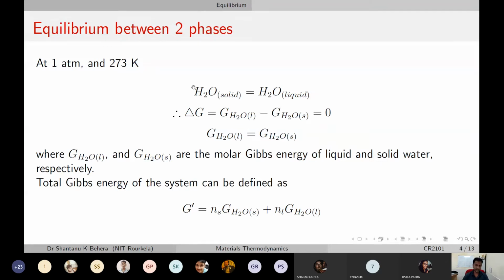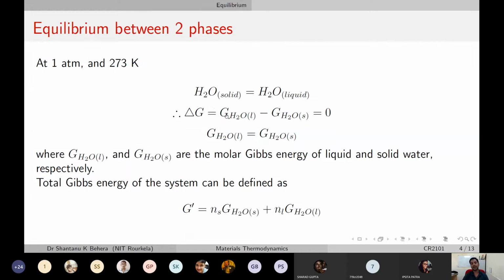Now, when they are in equilibrium, how do we express that in thermodynamics? The delta G, the change in molar free energy, is going to be 0. That is, if you're talking about a solid to liquid transition, then the delta G would be defined as the free energy of water in the liquid state minus the free energy of water in the solid state.